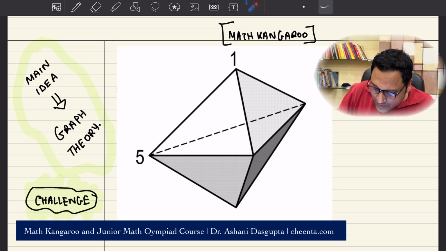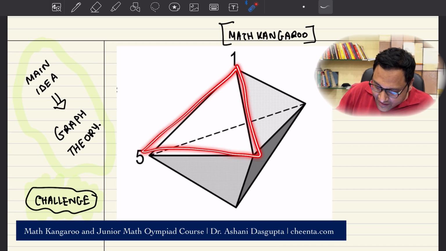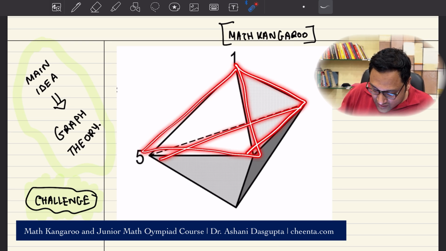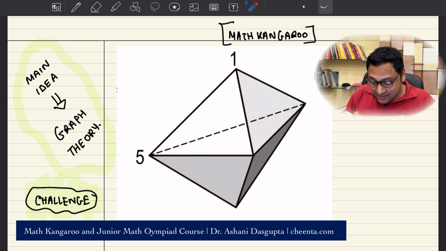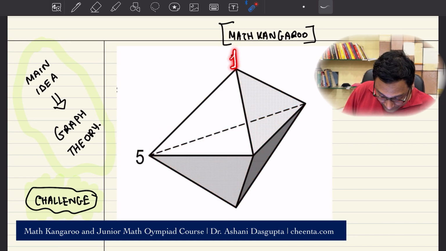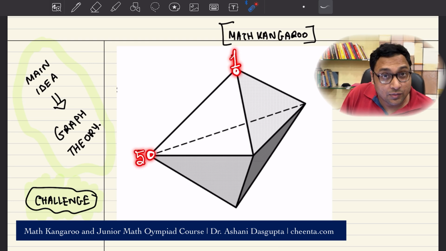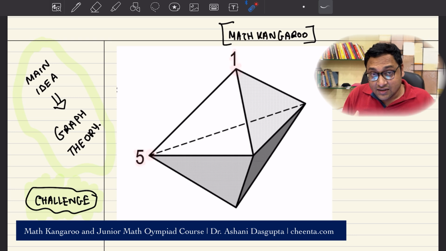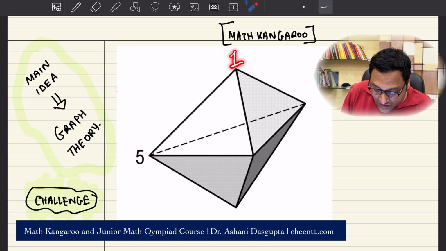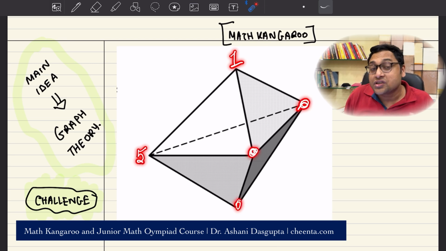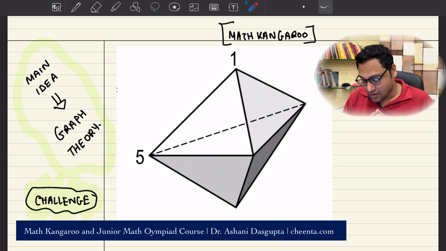It says that we have this kind of a solid object, and it's given that there are certain numbers written at the vertices of this object. It's a solid figure. There are some numbers written. Of course, 2 of the numbers are actually written down. The remaining numbers have not been written down.